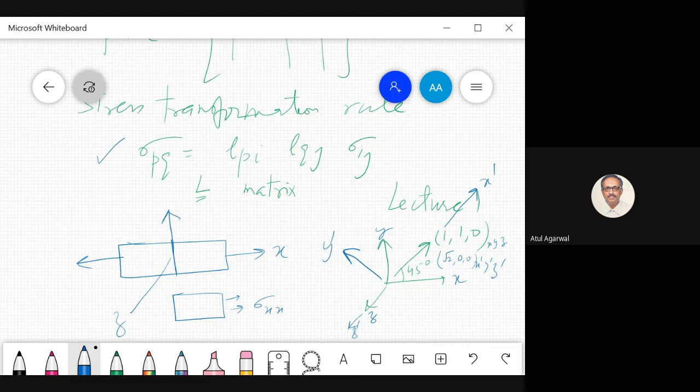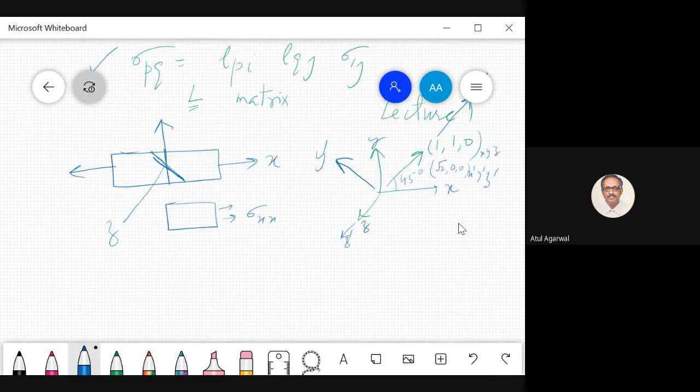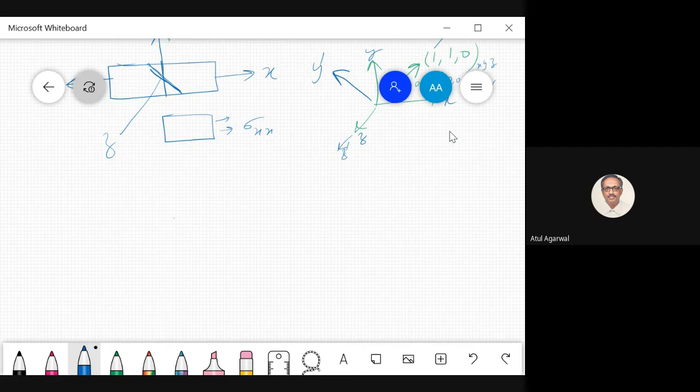Suppose I want it on this plane, I define a new coordinate system. I say my coordinate system is like this. Then what will I do? If I have to find sigma x prime, what will I do?